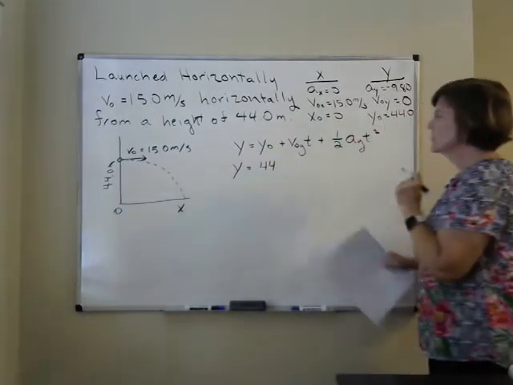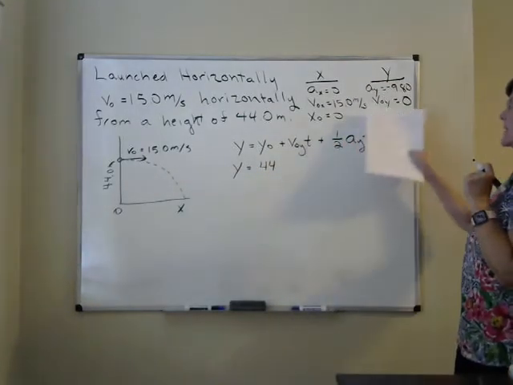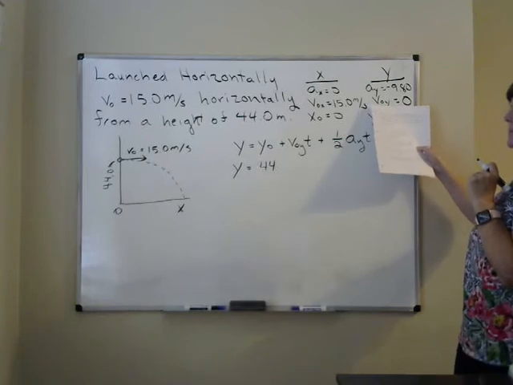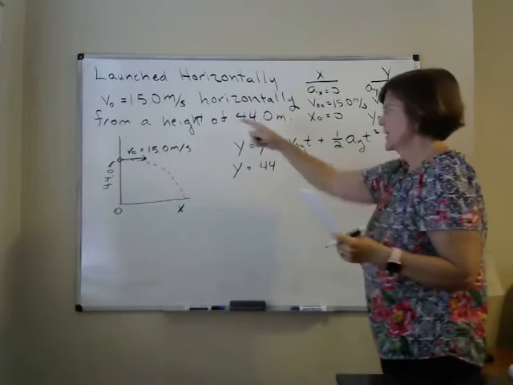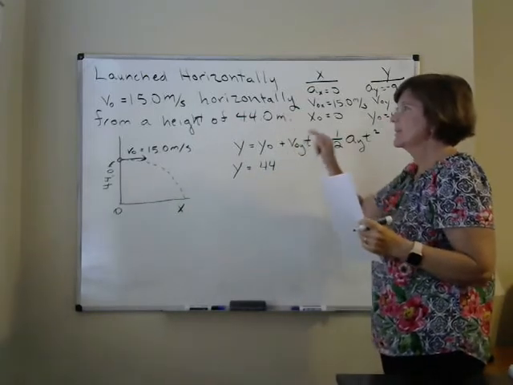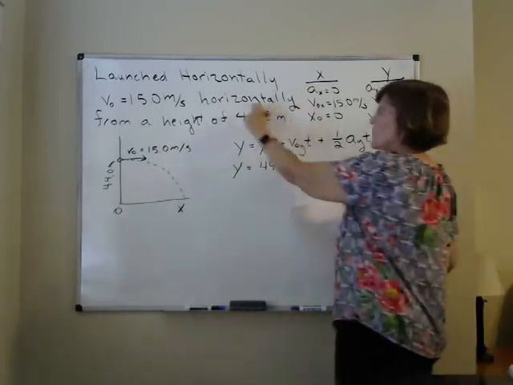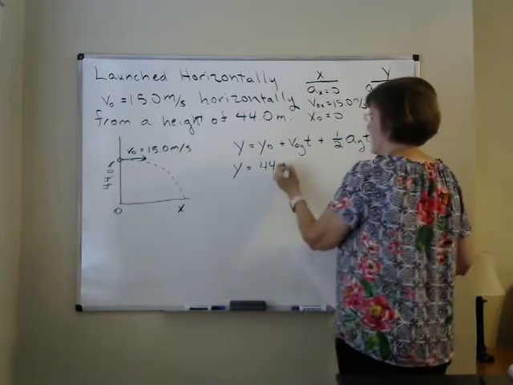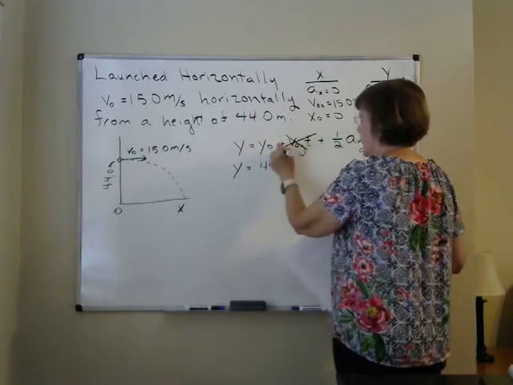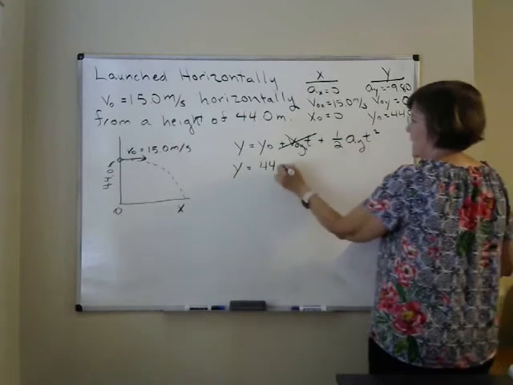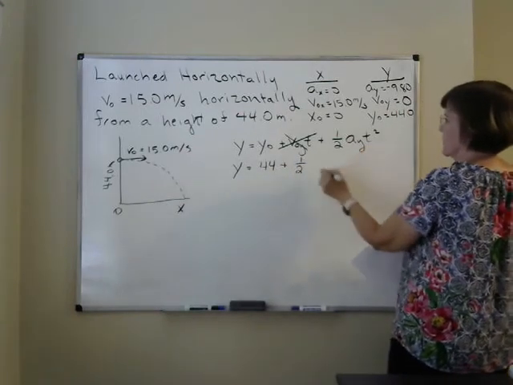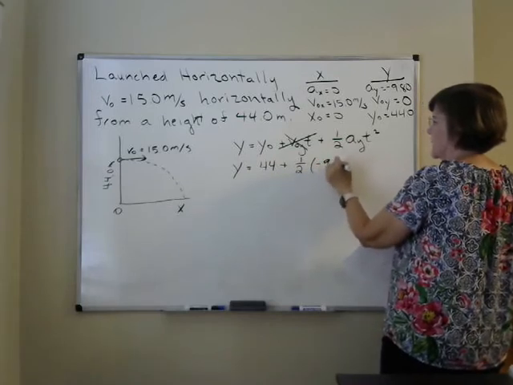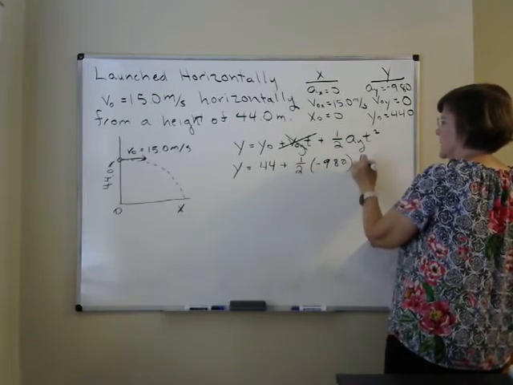The initial velocity vertically is 0. A common mistake is for students to put in that 15 meters per second. But remember, that 15 meters per second was a horizontal velocity. So this simply goes away. Plus 1/2 acceleration, negative 9.80 t squared.